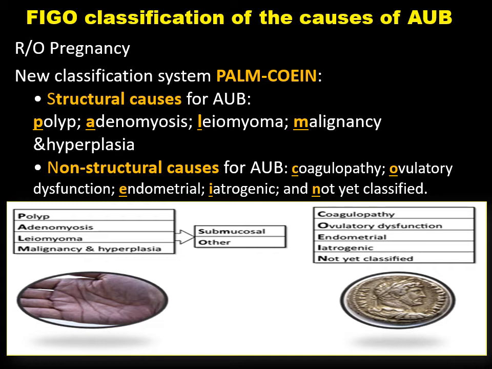Once you rule out pregnancy, think of the PALM-COEIN classification. PALM stands for the structural causes: polyp, adenomyosis, leiomyomas, malignancy, and hyperplasia. Non-structural causes: coagulopathy, ovulatory, endometrial, iatrogenic, and not yet classified.